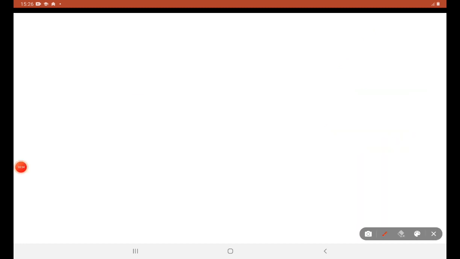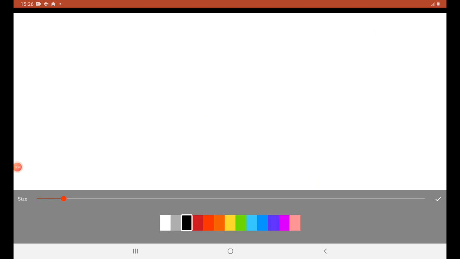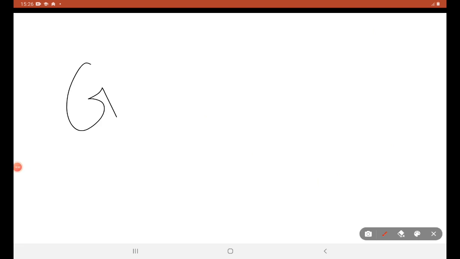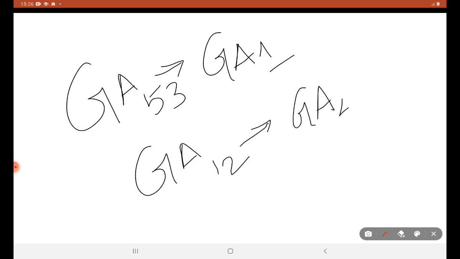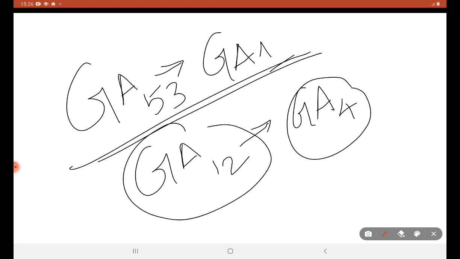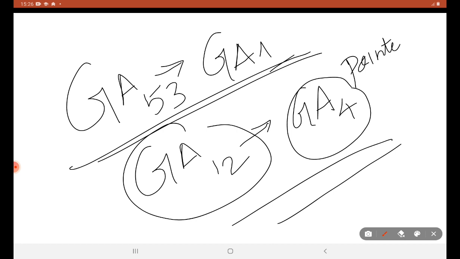Another pointer we have seen is a memory based pointer: GA53 will give rise to GA1, GA12 will give rise to GA4. This is a pointer. So please make a point of it.